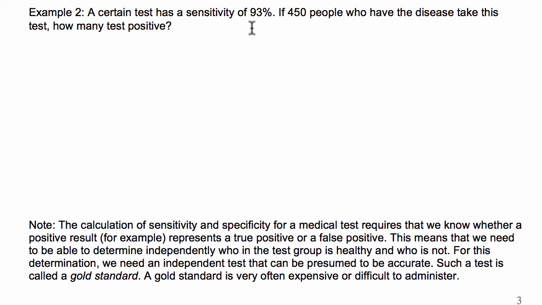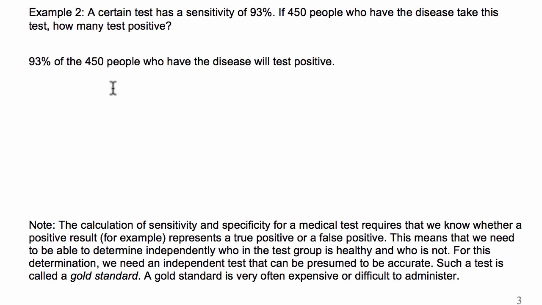If the sensitivity of the test is 93% and 450 people who have the disease take this test, 93% of them will test positive. 93% of 450 is equal to 0.93 times 450, which is approximately 419. So 419 of the 450 people who have the disease will test positive. That means there's 419 true positives.